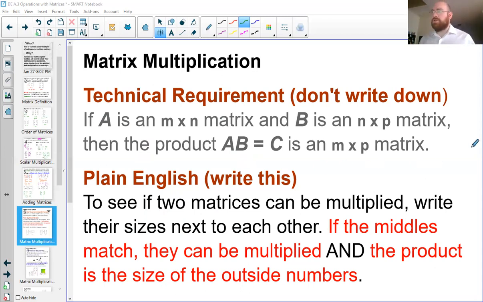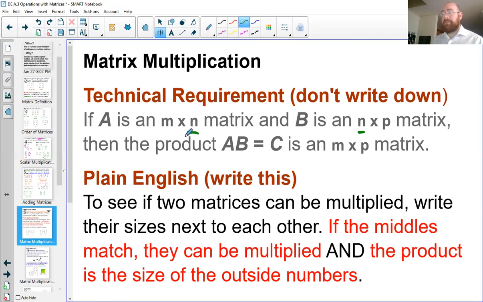So the technical requirement for matrix multiplication is if A is an m by n matrix, so a matrix with m rows and n columns, and B is an n by p matrix, so n rows and p columns. And I do want to be precise here that when we say an m by n matrix and an n by p matrix, this n is the same number.